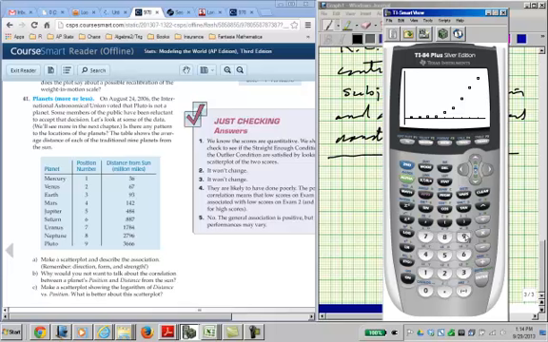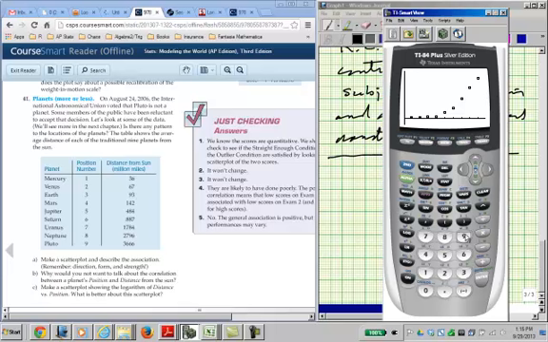So here's the described association. It's strong, it's nonlinear, and it's positive. Okay, and I would say there are no outliers whatsoever. So it's strong, nonlinear, positive, no outliers. All of those are important things to note.